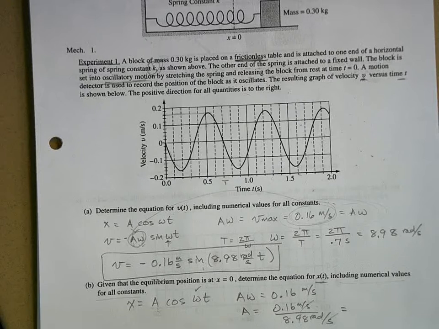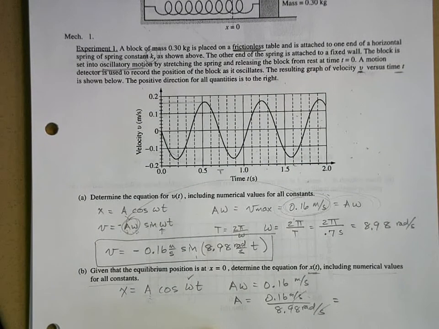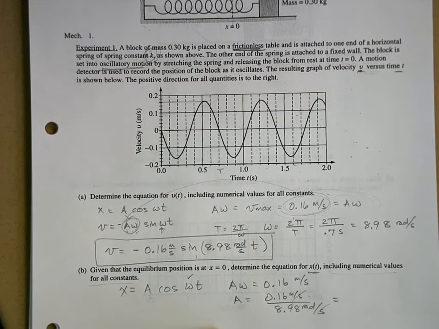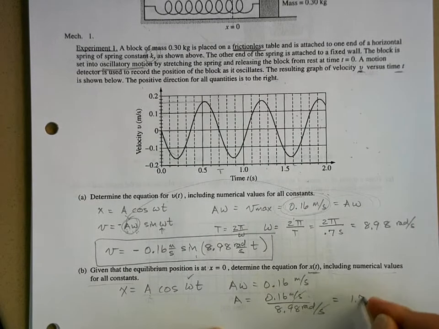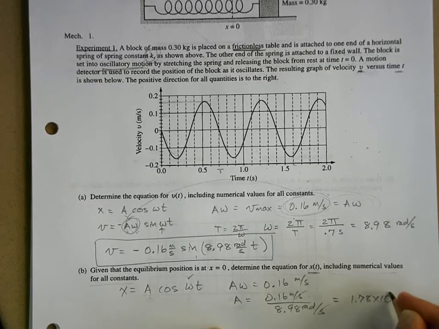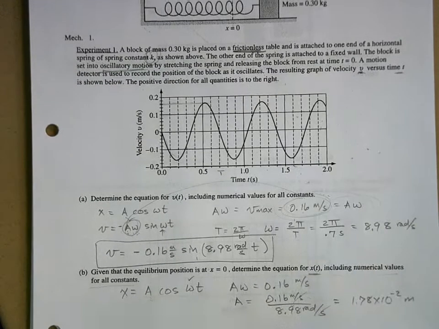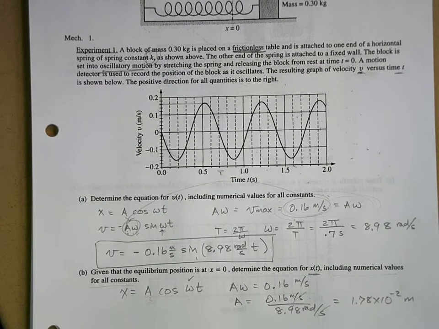So 0.16 divided by 8.98 equals, and I get 1.78 times 10 to the negative 2 meters, or you can just say 1.78 centimeters.